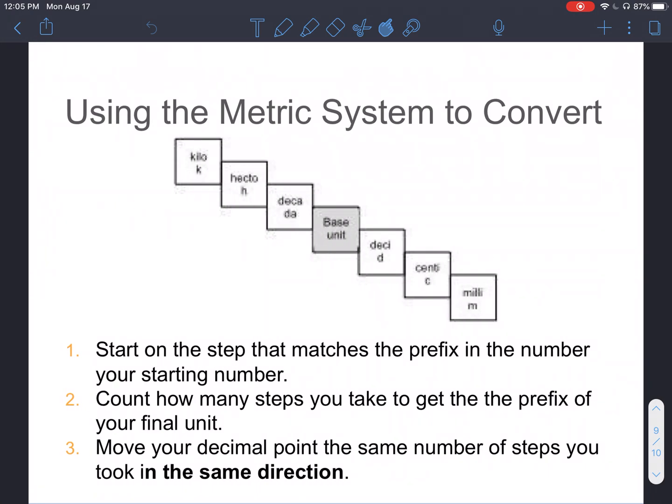You can also use a staircase type method, where if you were starting with centi and you wanted to go to kilo, you would move the decimal place 1, 2, 3, 4, 5 spots, and your number would end up looking smaller, but your unit will have gotten larger.